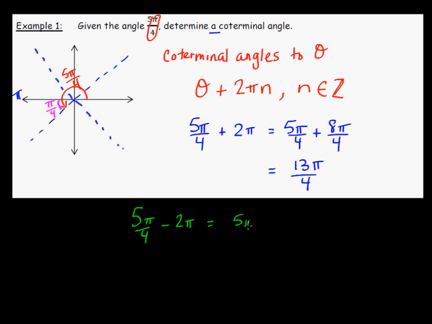That would give me 5 pi by 4 minus 8 pi by 4, which gives the negative coterminal angle of -3 pi by 4. So that would be this angle measurement here if I rotated in a negative direction. So -3 pi by 4 is also a coterminal angle to 5 pi by 4. A coterminal angle means that we're going to end up back at the exact same spot on the Cartesian plane.